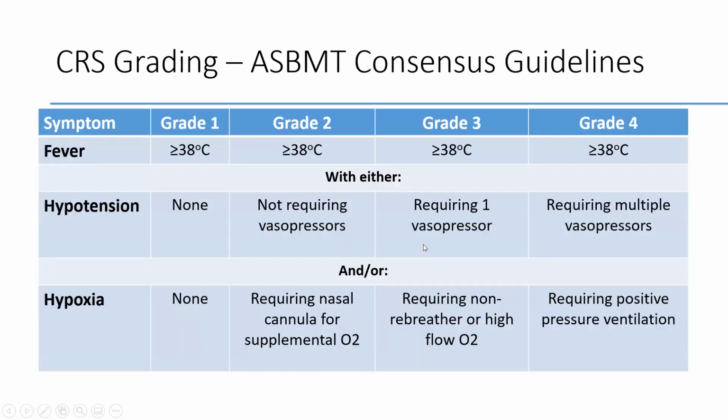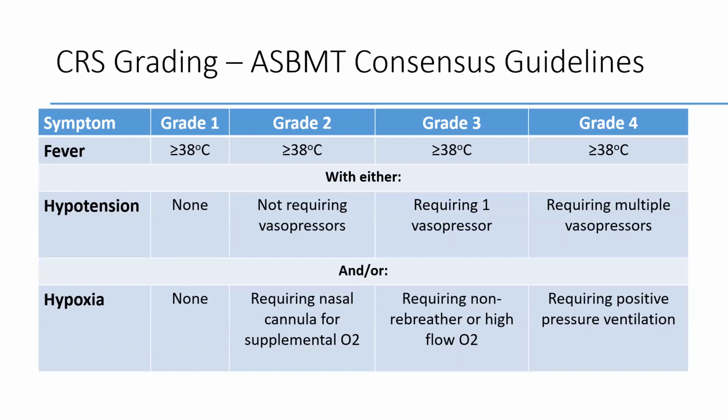Here is the CRS grading per the ASBMT guidelines. There are 4 grades. In grade 1, there are high fevers above 38 degrees Celsius but no signs or symptoms of hypotension or hypoxia. In grade 2, there is fever above 38 degrees Celsius and hypotension not requiring vasopressors, and or hypoxia requiring a nasal cannula, a little supplemental O2.